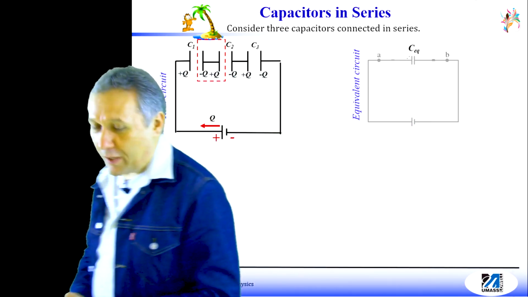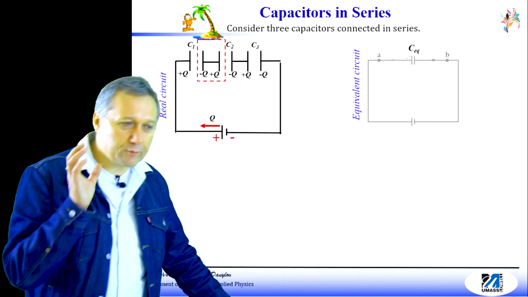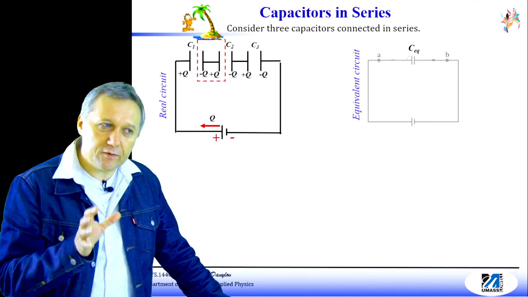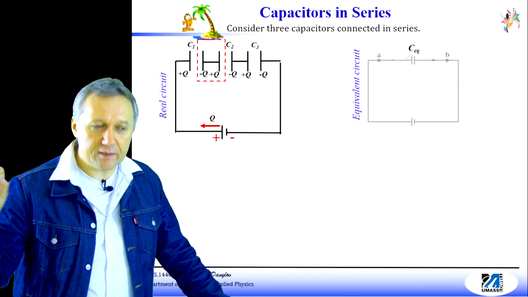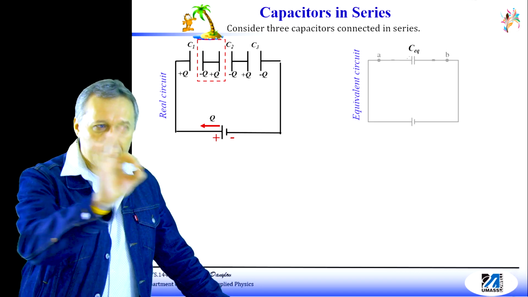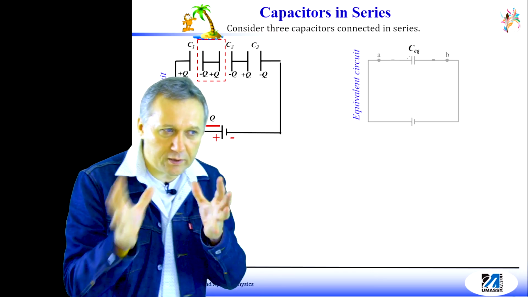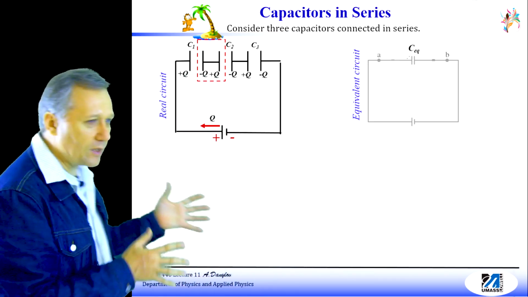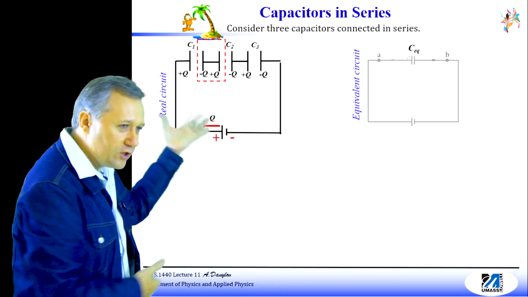All right. And that is basically the test that you have to run quickly in your head in order to convince yourself or somebody else that capacitors are connected in series. That's the major feature. If you see that charges are exactly the same in the capacitors, not just by accident under certain conditions, but all the time, it doesn't matter what you do here with the rest of the circuit, with this battery. You can change this battery.